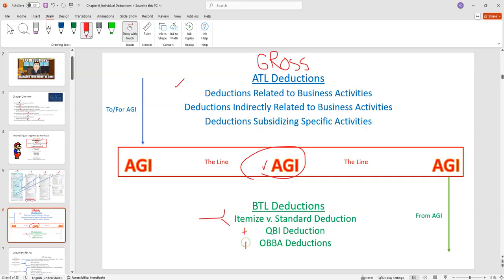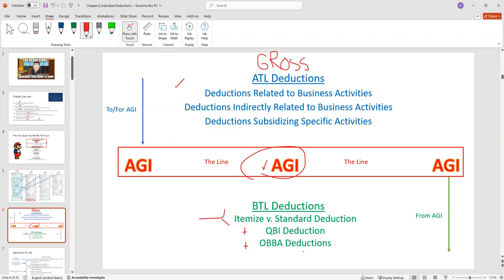There's also, in addition to this fork in the road, the QBI deduction, which is generally a 20% deduction for flow-through income. If you're a partner in a partnership, a shareholder in an S corp, or a Schedule C self-employed taxpayer, when that income flows through to you, assuming you meet a bunch of criteria, you will get a deduction for 20% of that income.